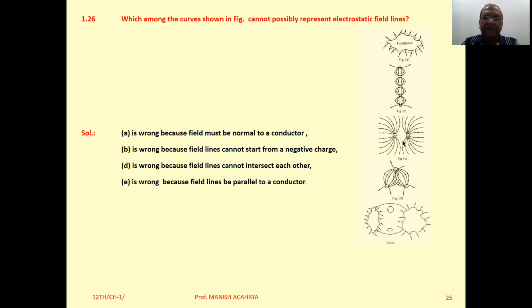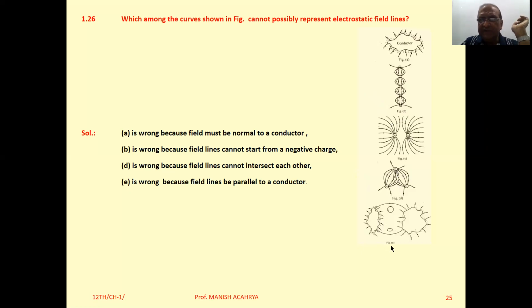C is right, correct one, because from positive charge the field lines come out and extend up to infinity. Then figure D, okay, two field lines never intersect each other, and therefore figure D is also wrong one.